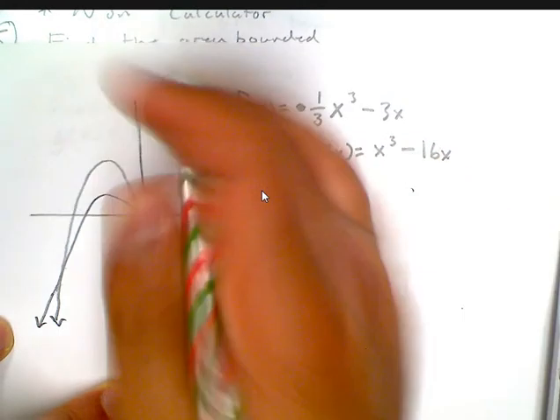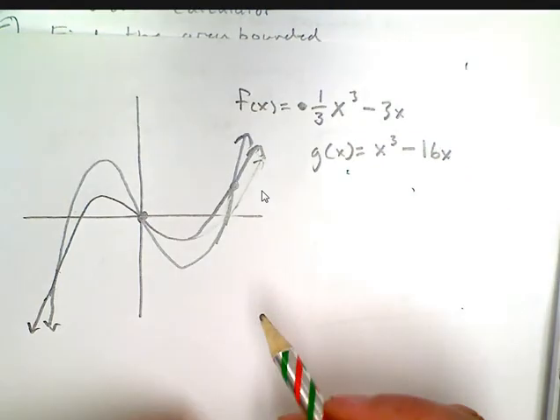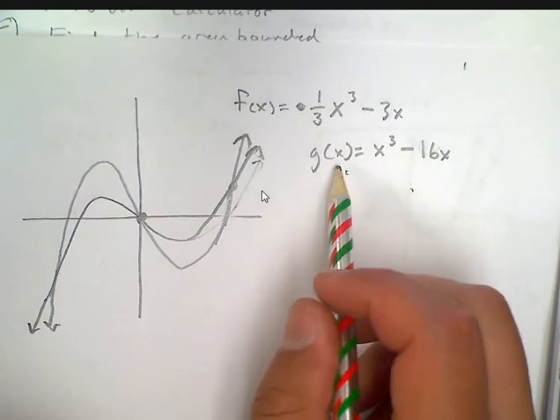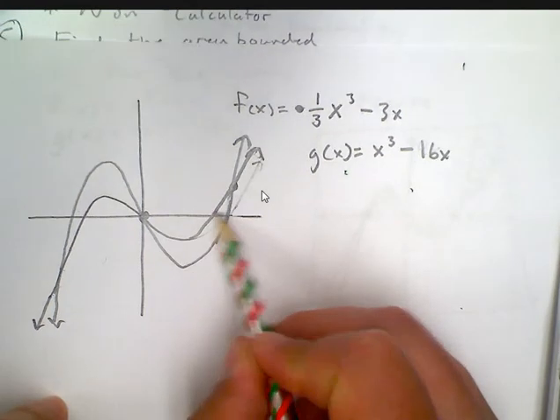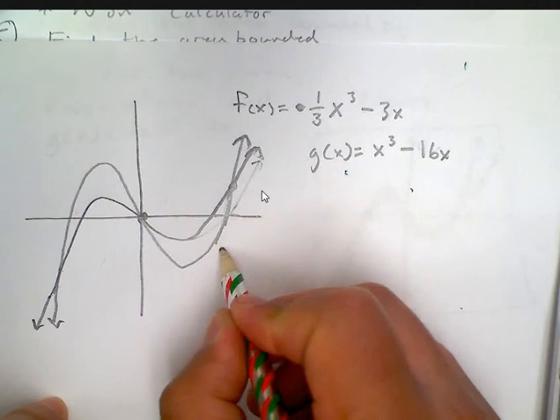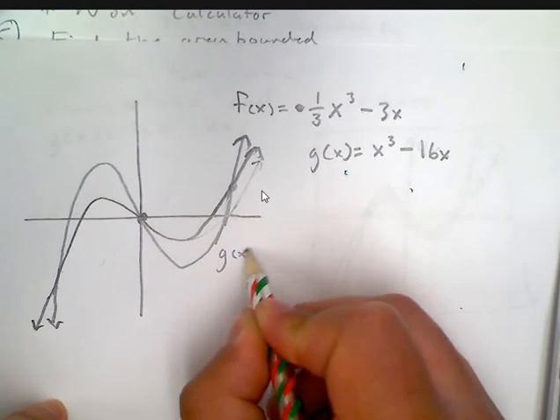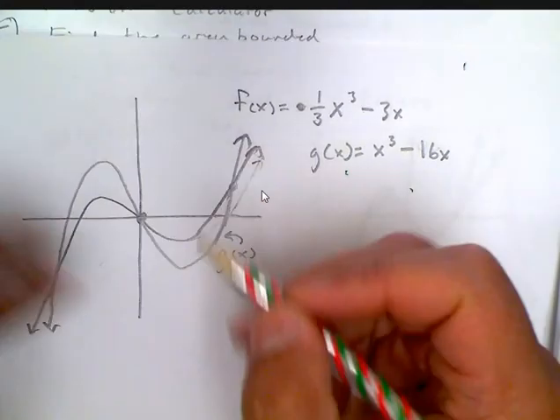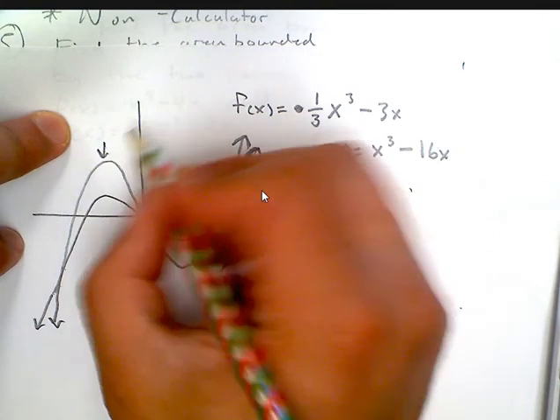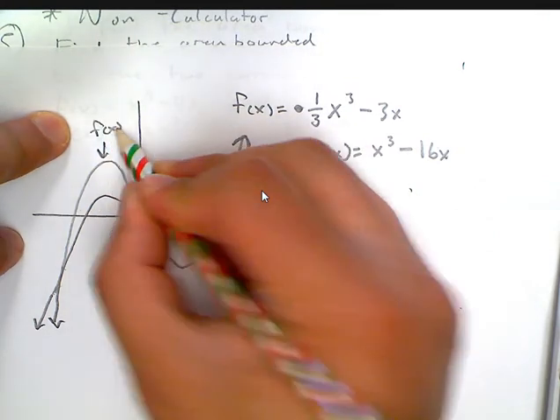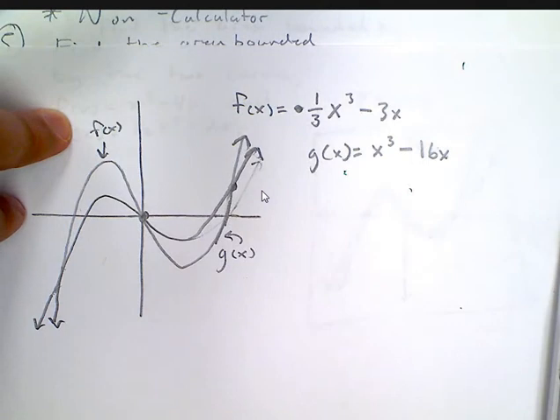First I got to identify which is which. So I think that this one right here is g of x, and this one right here is f of x. That's what I think, and that's my story, and I'm sticking to it.